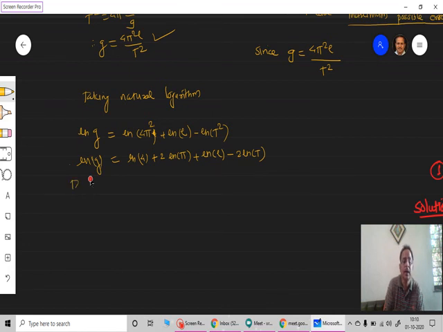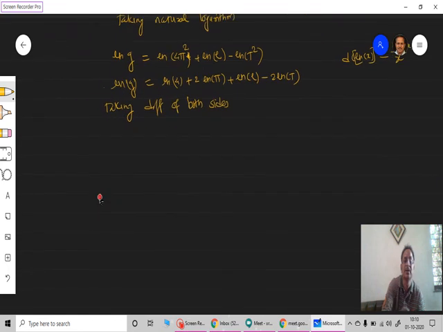Now taking differentials of both sides, you have to take differentials of both sides. And we know that d of ln x is given by 1 upon x into dx. That type of differential is to be used here for each and every quantity on the left hand side as well as right hand side.